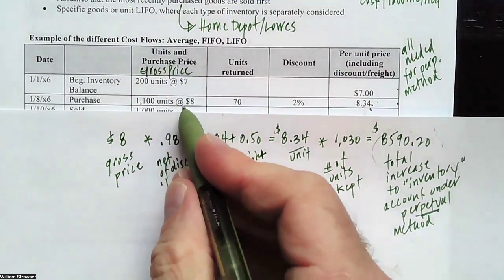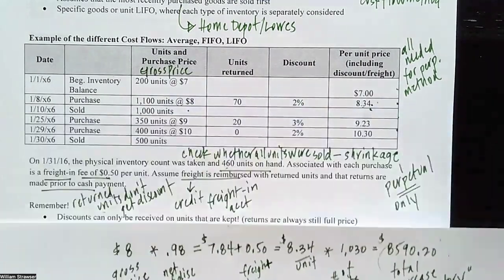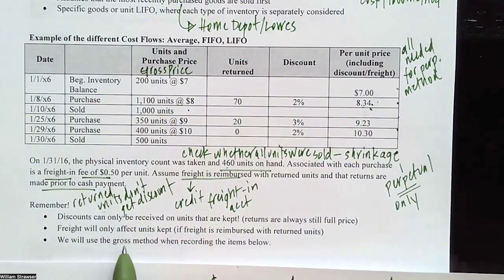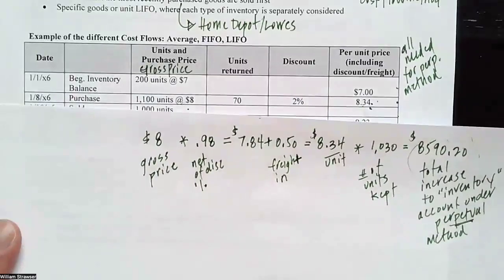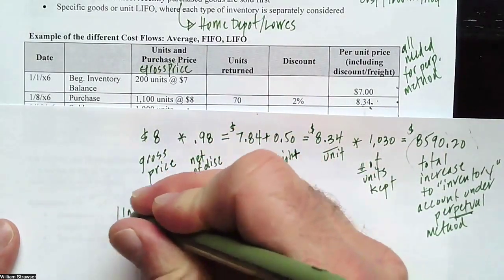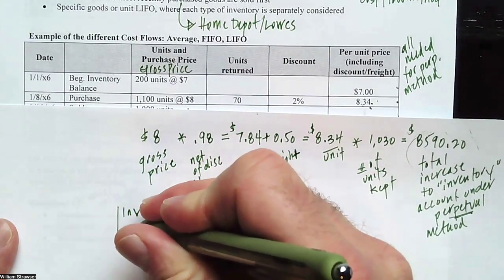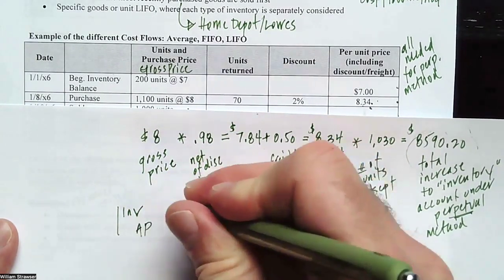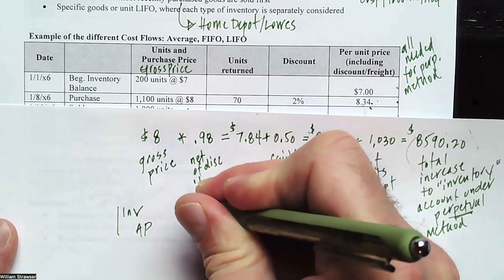The journal entry to record the purchase. Remember, we're using a gross method for these items. So when I bought that inventory, it would have been debit inventory, credit accounts payable for 8,800.